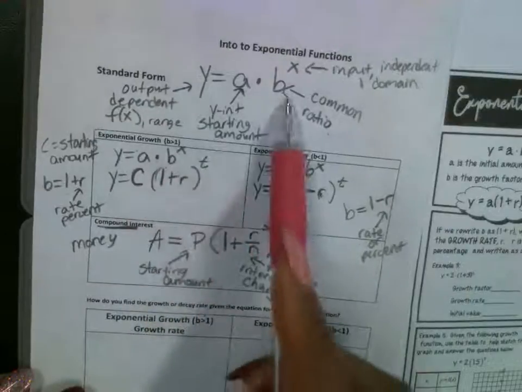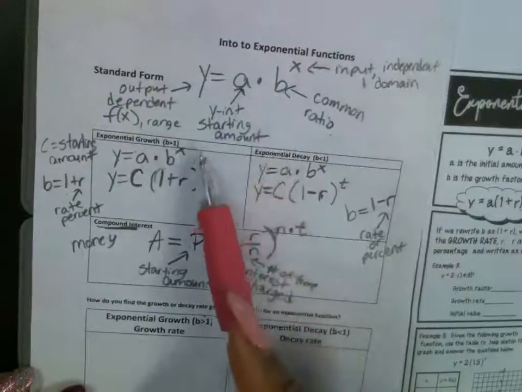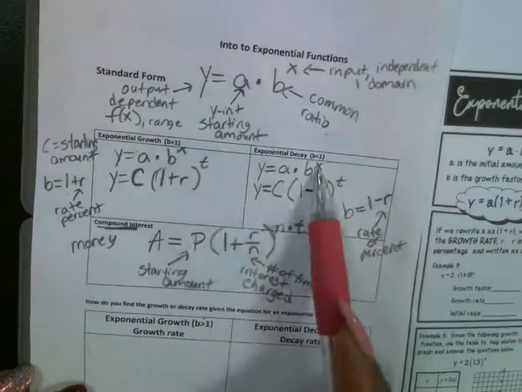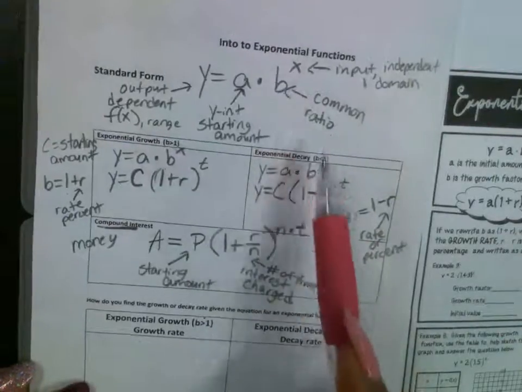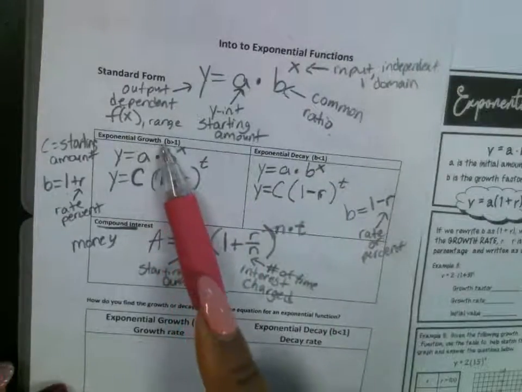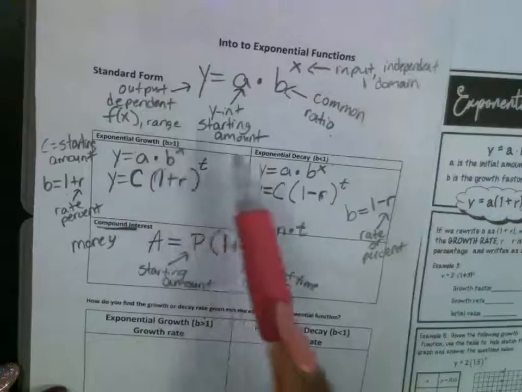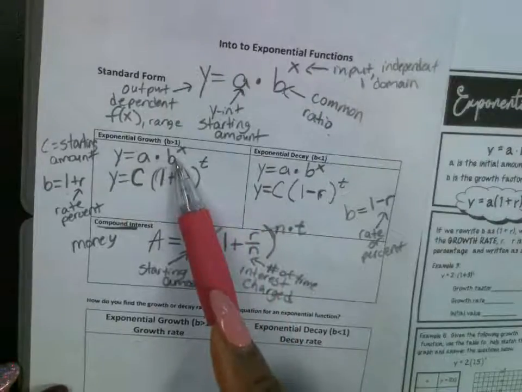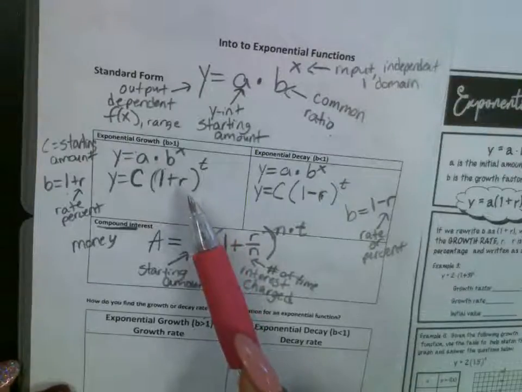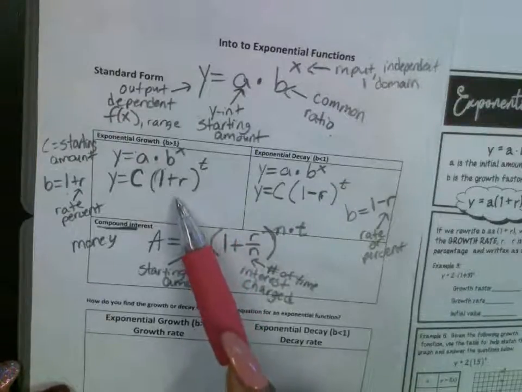Exponential growth is where your b, your common ratio, is greater than 1. Exponential decay is when your common ratio is less than 1. In exponential growth word problems, sometimes they don't give you what the common ratio is going to be. Sometimes they'll give you the percent. They'll say it increases by 20%.